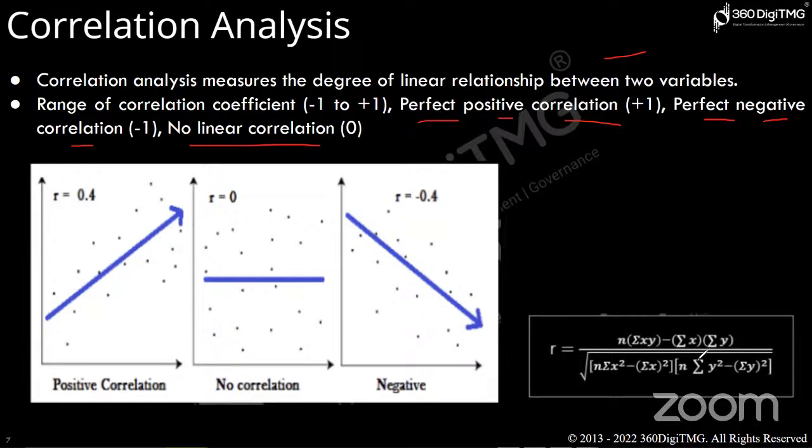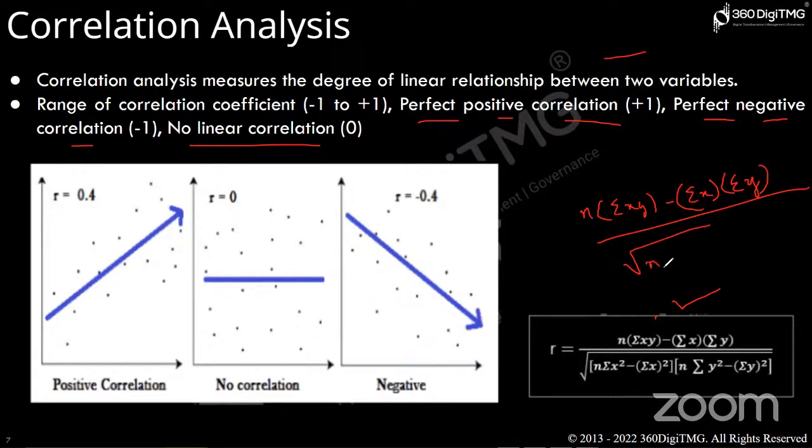And this is the formula which we have for correlation. It is summation of xy minus summation of x into summation of y, divided by the root of n summation of x square minus summation of x whole square, and the same for y also.